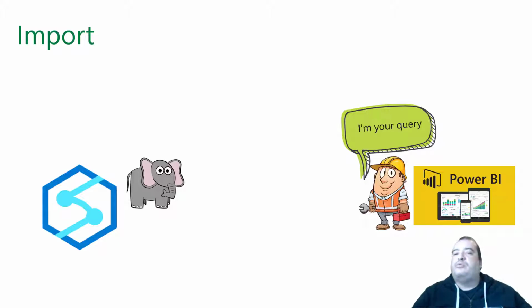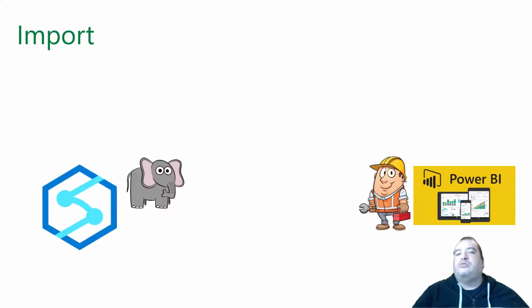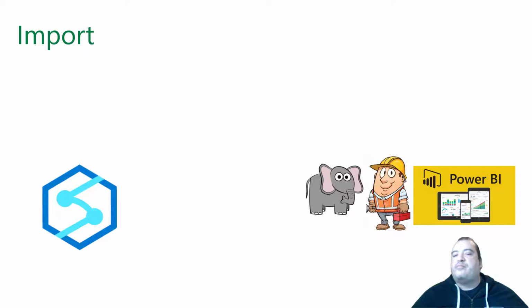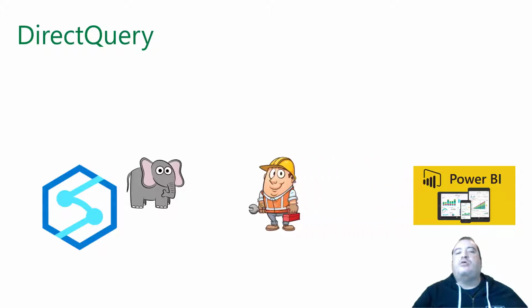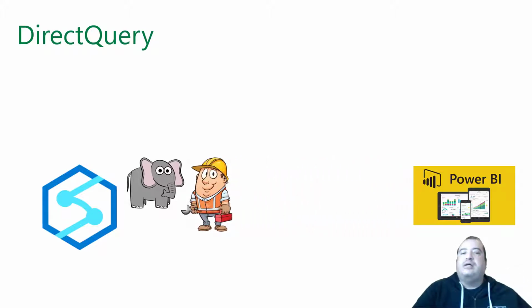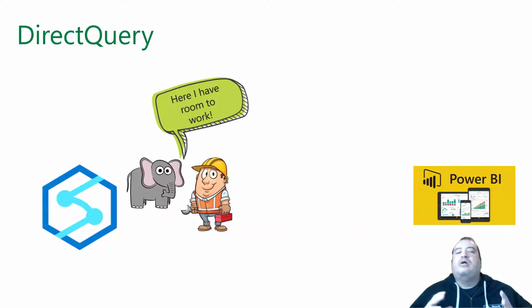The query will be executed on the Power BI side. On the DirectQuery, on the other hand, it's the query that goes to the source and it's executed on the source of the data using the resources of the source of the data. This is the DirectQuery access method.